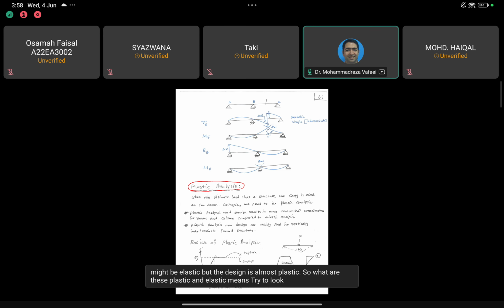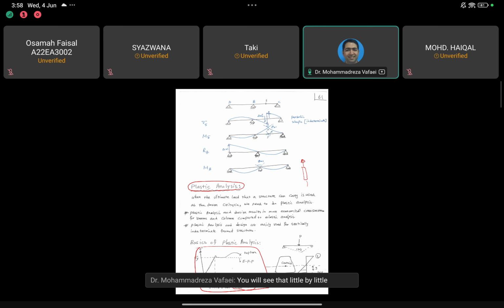Try to look into the diagram that I have down here. This diagram is the stress strain curve for steel. If you have a rod and you put it inside a tensile test machine and you apply a force to that, you will see that little by little, your bar's length is going to enlarge, and that's what we call elongation.